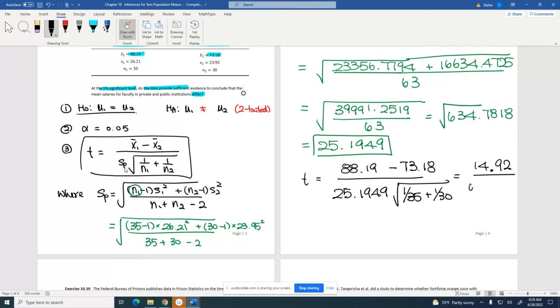The denominator is 25.1949 times the square root of 1 over 35 plus 1 over 30, which is 6.2687. So 14.92 over 6.2687. The test statistic will be 2.38.